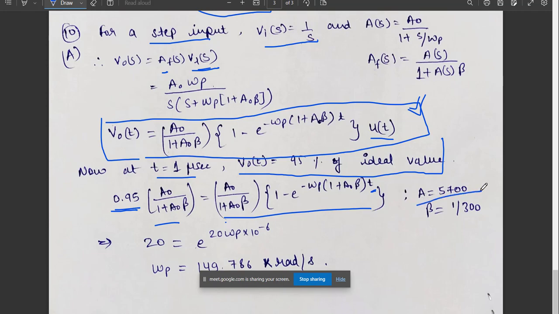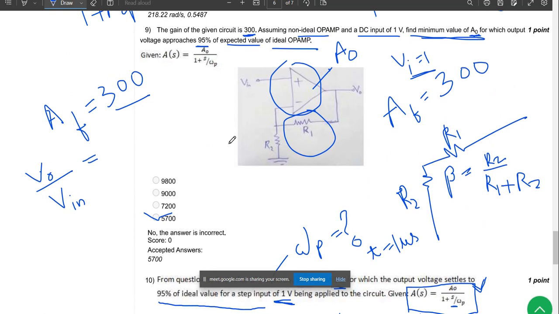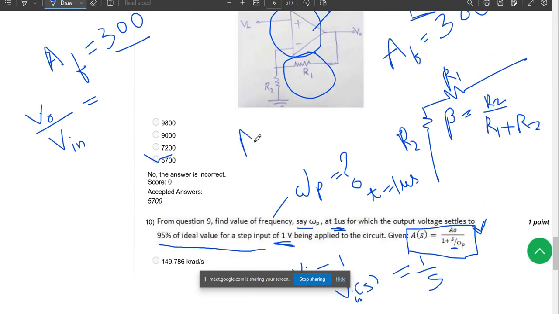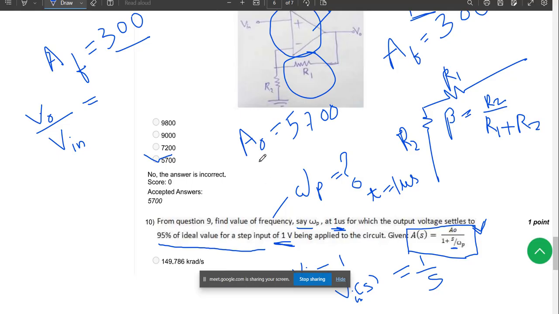In this question, which is an extension of question number 9, A naught is already given as 5700, and beta was already given as 1 upon 300.